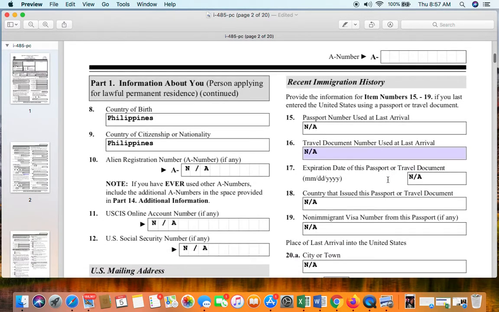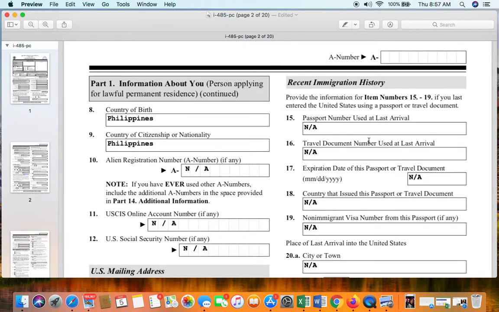If you came here together with your K2, you have to put the passport number of your derivative applicant, the travel document number used at last arrival. You have to fill this out. Also the expiration date of her travel document.